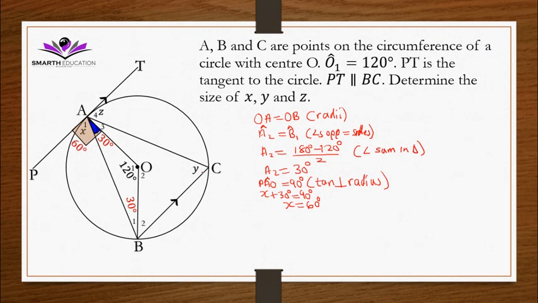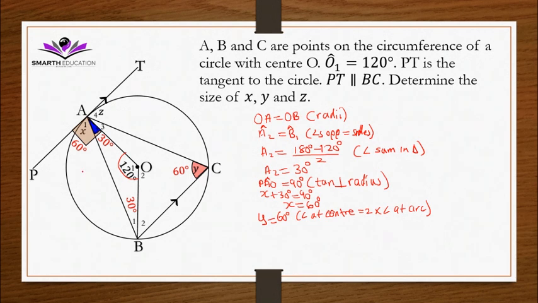But let me not use that. I'm going to use this angle here at the center. So we're going to say y is equal to 60 degrees because angle at center equals 2 times angle at circumference.